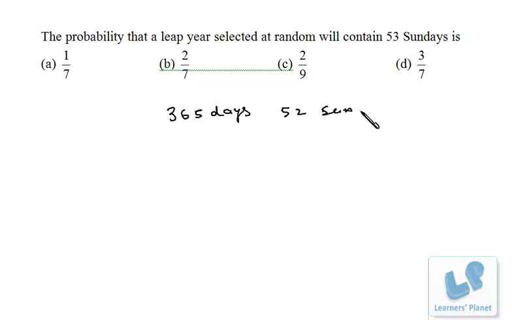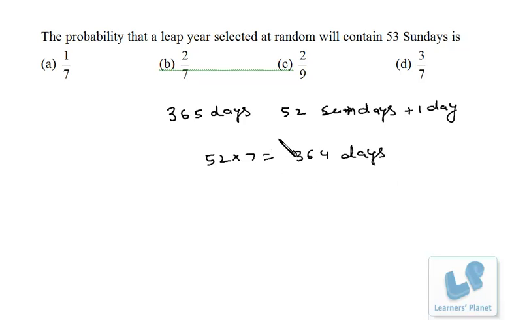That means 52 Sundays are there plus 1 day. That means precisely 52 into 7 is 364 days, right? So in a normal year, we have one extra day after complete 52 weeks, right? So in a leap year, we have two extra days after 52 weeks, right?